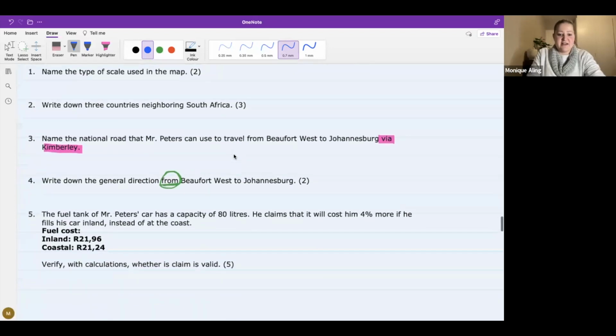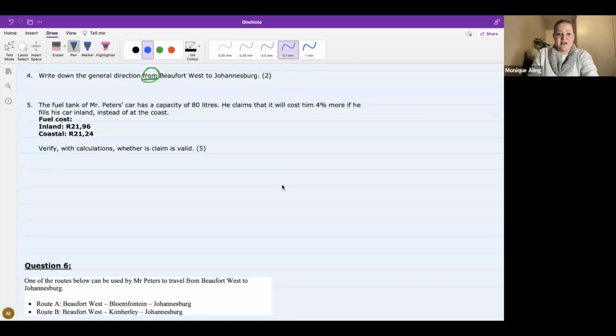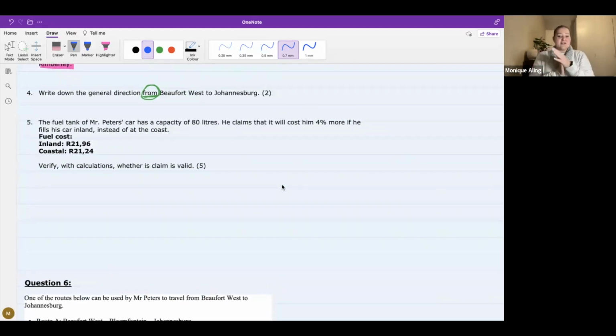All right. Now this one isn't related to the map necessarily. So let's move down. The fuel tank of Mr. Peter's car has a capacity of 80 liters, so it can hold 80 liters of petrol. He claims that it will cost him 4% more if he fills his car inland instead of at the coast.